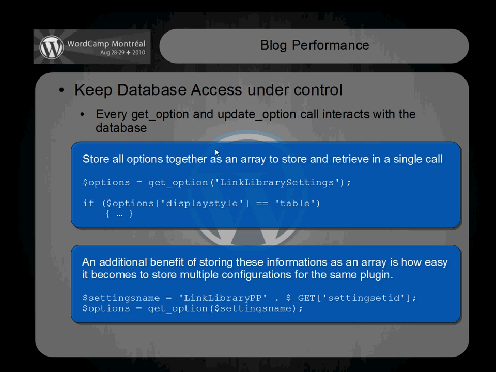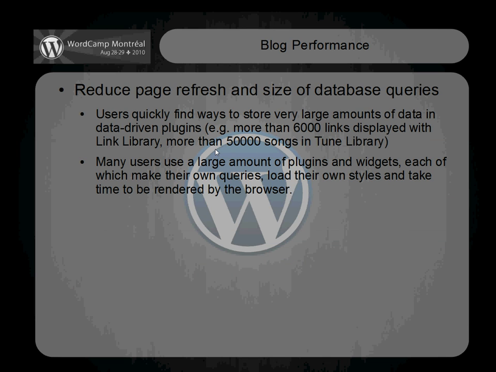Having everything stored as an array made it very easy to build a variable name including the ID of the setting set, and afterwards just retrieve that one element, and the rest of the code doesn't even really know that there are multiple configurations available. It just gets a set of options and it executes.